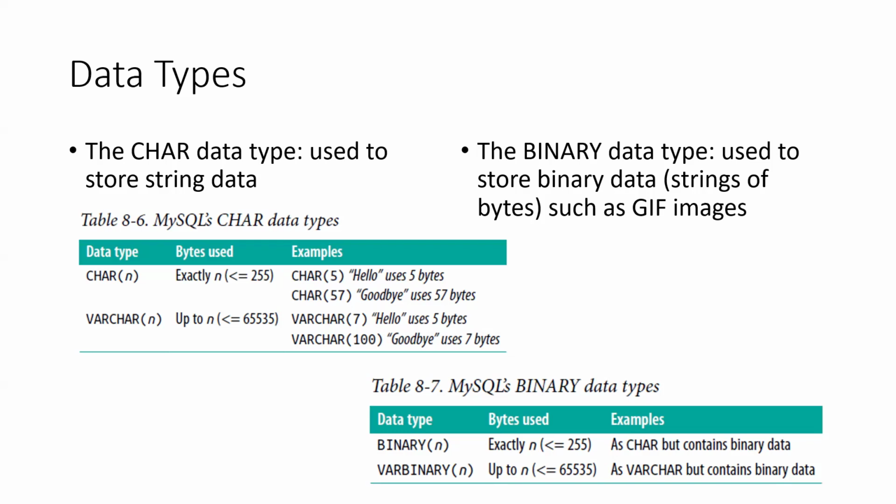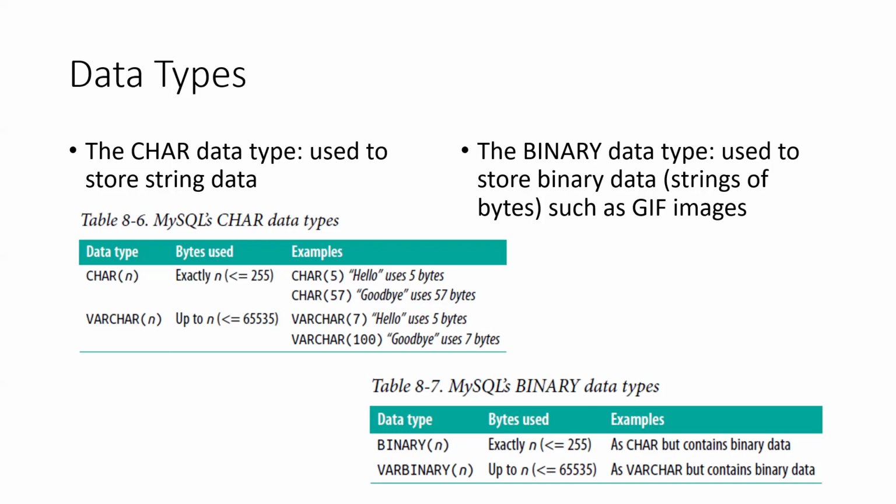For example, it uses 5 bytes, right? The point that you need to remember is when you use char, it's fixed. For example, if you use char 57, and even if you type goodbye, which is fewer characters, it uses 57 bytes. That's what you need to remember.